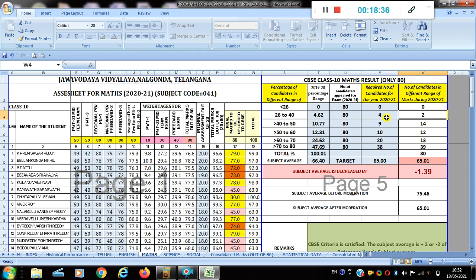See, last year there were 4 students in the range 26 to 40, but this year I have only 2 students in the range. Whereas last year there were 9 students in the range 40 to 50, but this year I have 14 students. Last year I had 10 students in this range, but this year I have 12 students.